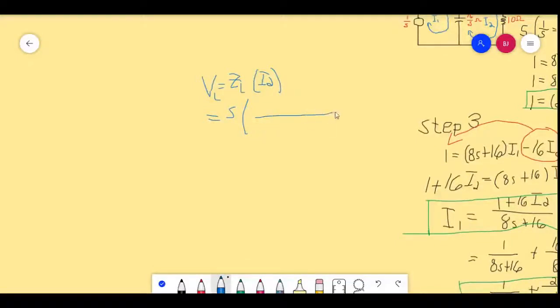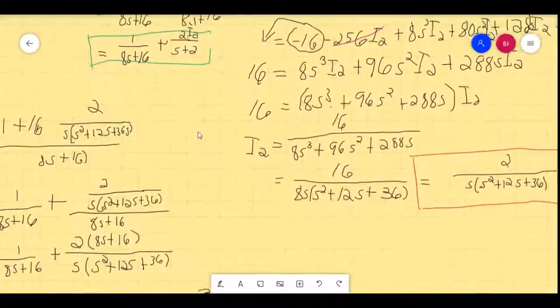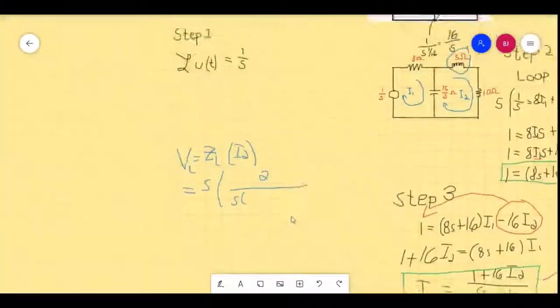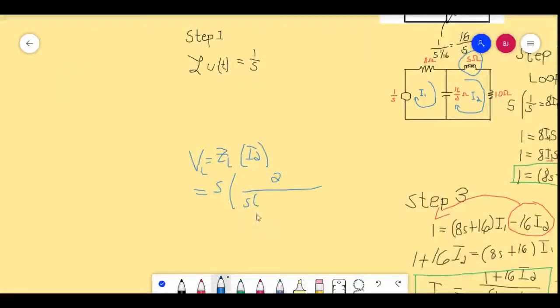So it would be 2 S multiplied by S squared plus 12S plus 36. Then we can cancel this out. So our VL, or the inductor, would be 2 multiplied by S squared plus 12.